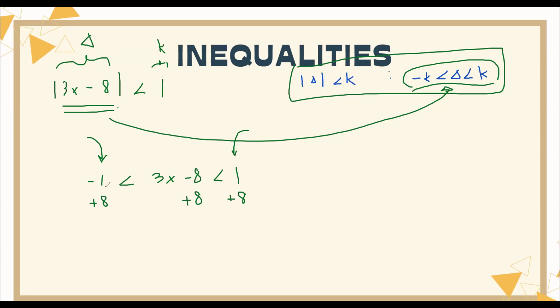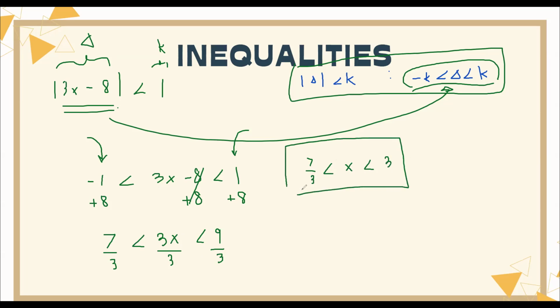So we have negative 1 plus 8 is 7, is less than 3x, since this will cancel, is less than 9. Then next, we need to divide all sides by 3. So we will have 7 over 3 is less than x is less than 3. This is our final solution.